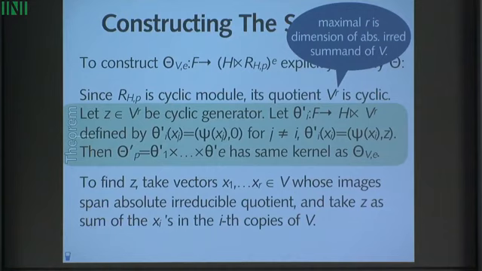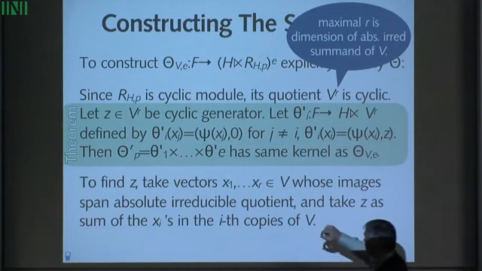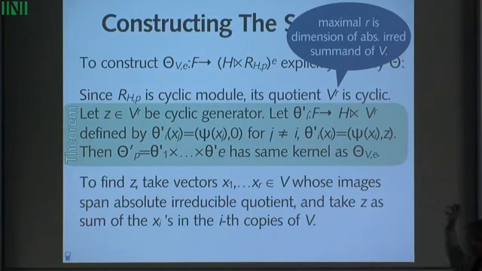How do I find such a cyclic generator without writing V to the R as a quotient of the regular module? What I'm going to do is I take R vectors in V whose images in an absolute irreducible quotient form a basis of this absolute irreducible quotient.